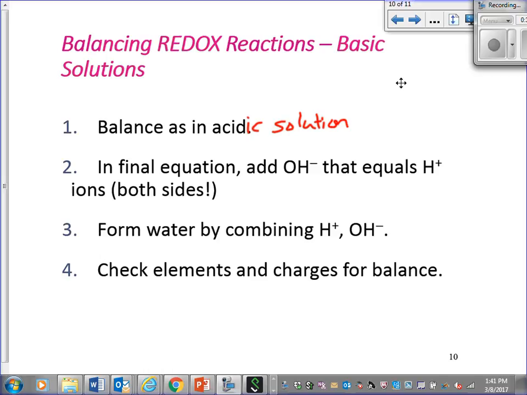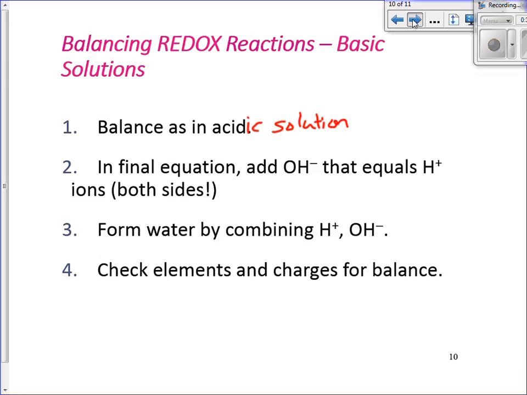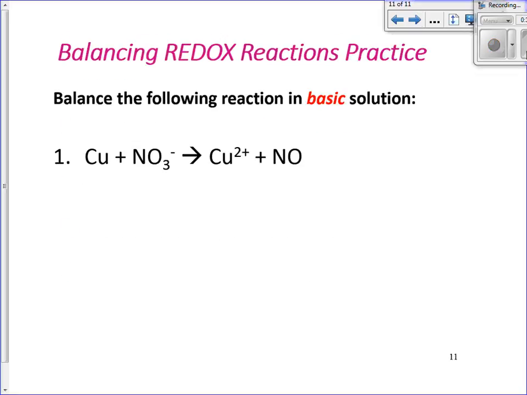Just like it would be if it was in acidic solution. You're balancing it exactly the same way first. That's what we're going for there. Okay, so let's look here. So we should have gotten to this point using the regular balancing in acidic solution. Okay? And then we're going to do the final steps to get it to the basic solution.